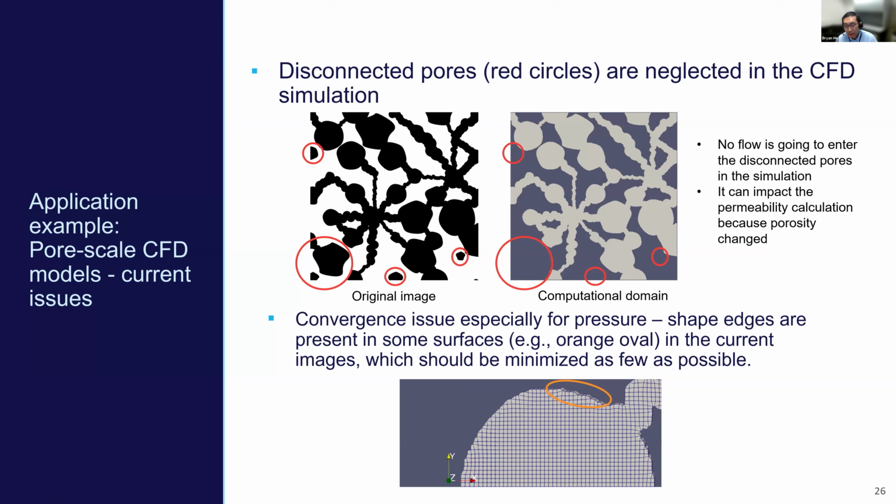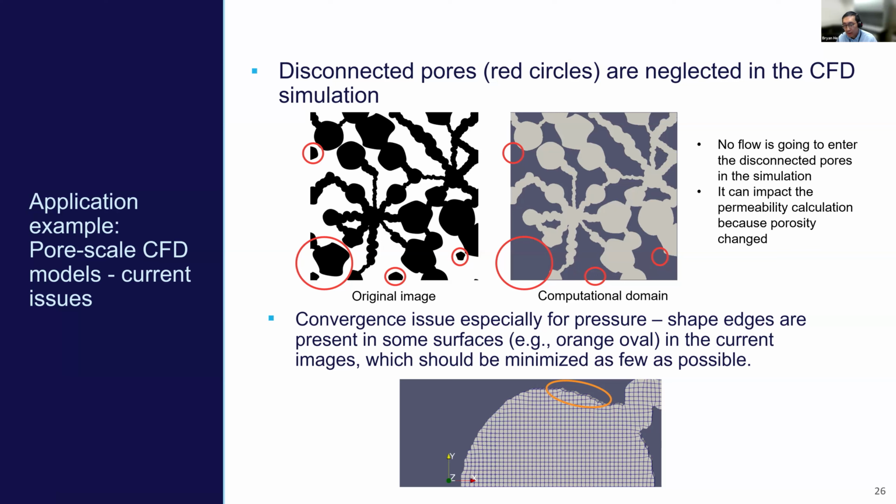So we just neglected those intentionally. So computationally, there's no influence. But physically, if we neglect those pores, the total porosity will change, which will again influence the calculation of permeability. So I guess that's an open question.